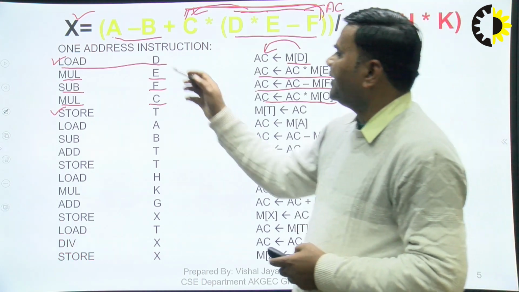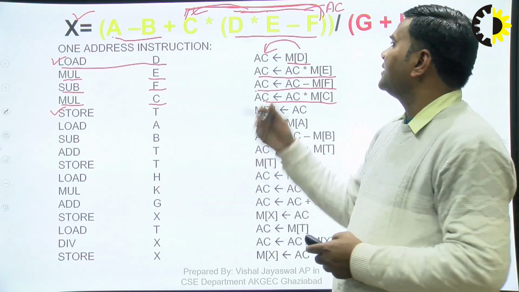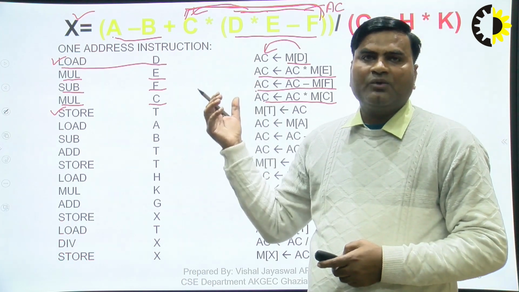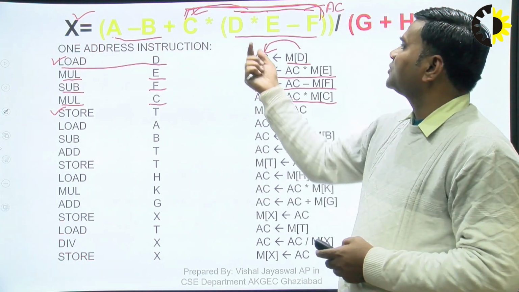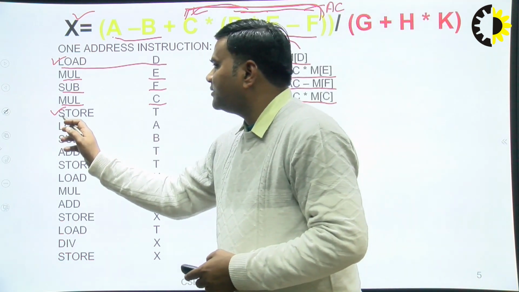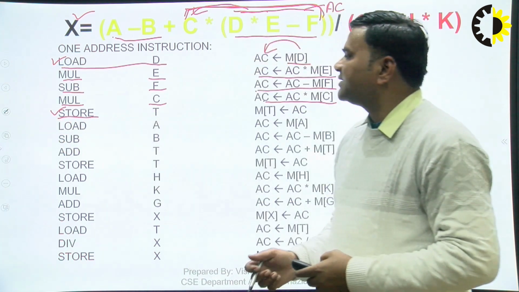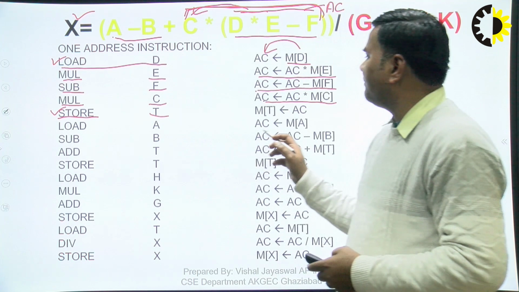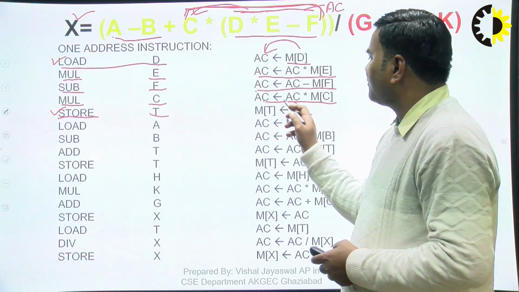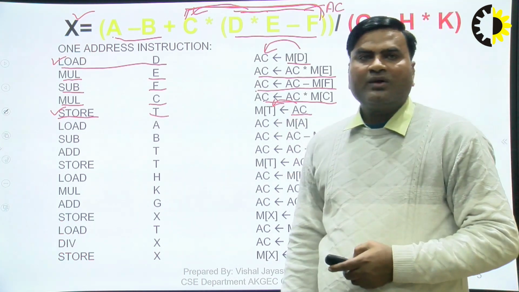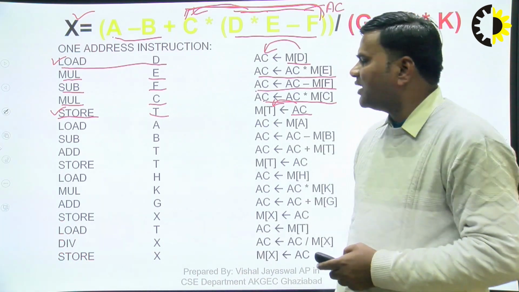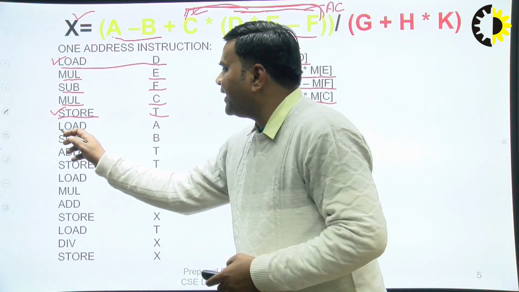Before solving A minus B, we first store this part in a temporary location, and here we take temporary location T. So we write the store instruction. Store T means our intermediate result stored in AC is transferred to M of T, the temporary location T. After that we are going to load A.